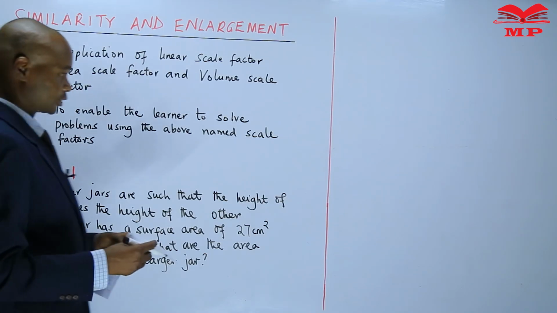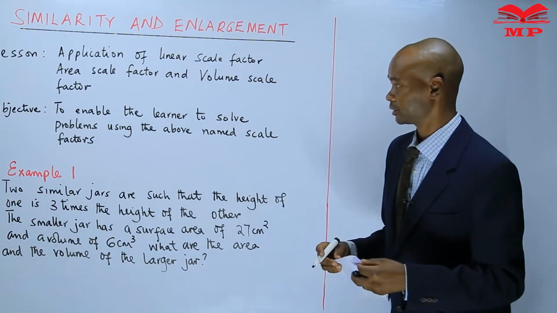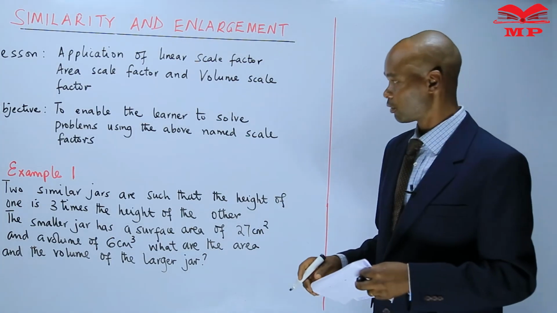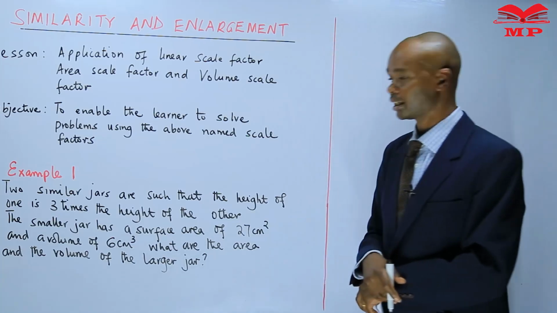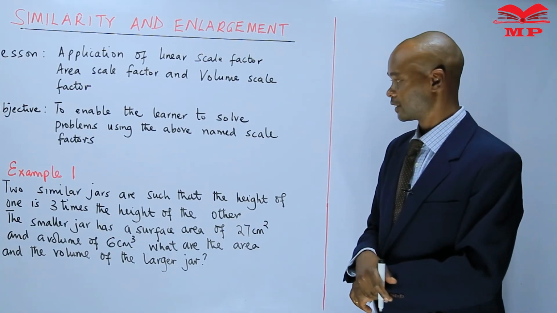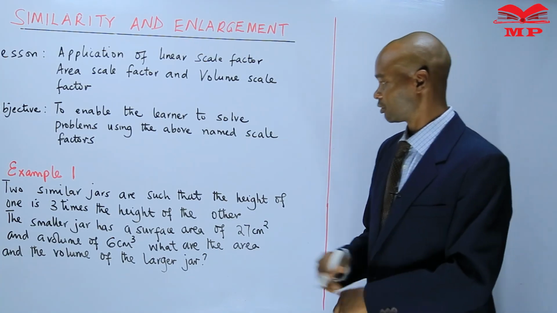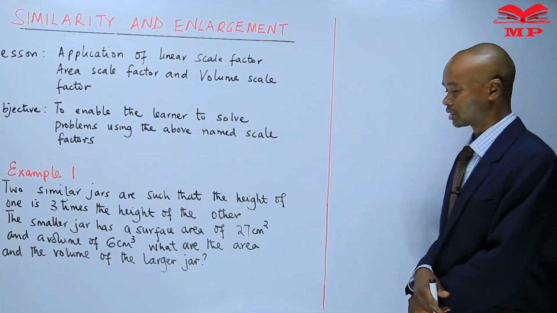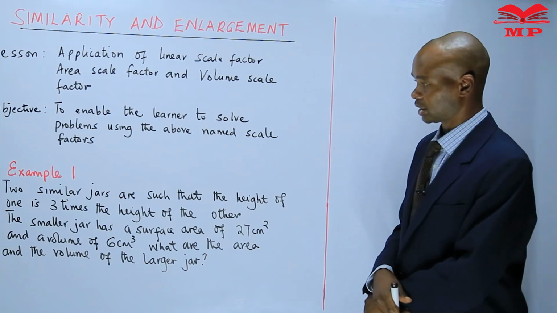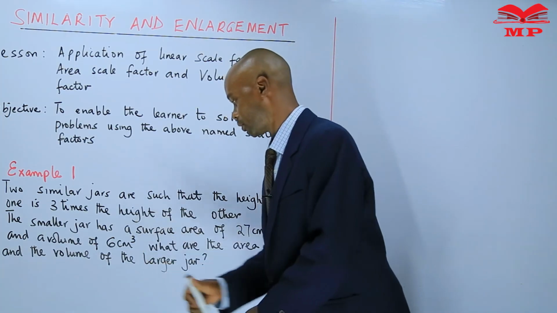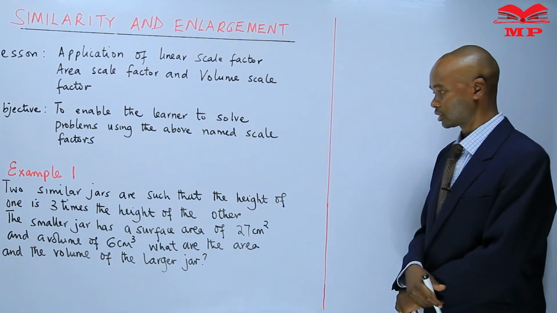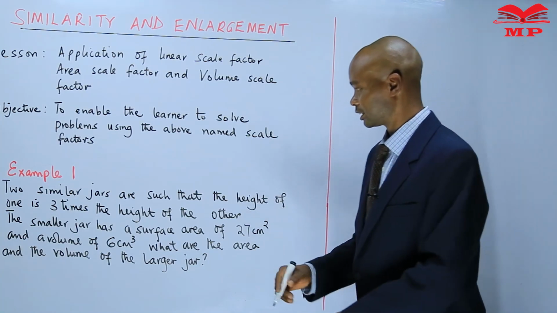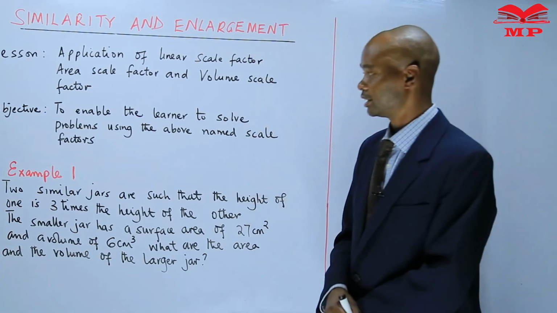Two similar jars are such that the height of one is 3 times the height of the other. The smaller jar has a surface area of 27 centimeters squared and a volume of 6 cubic centimeters. What are the area and the volume of the larger jar?